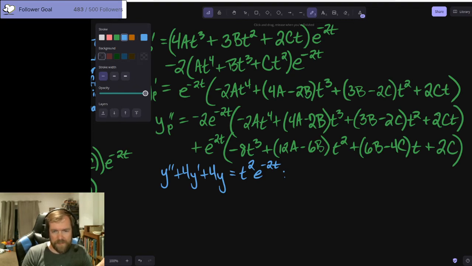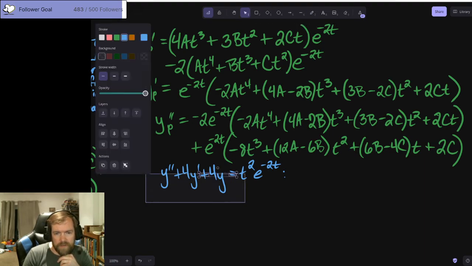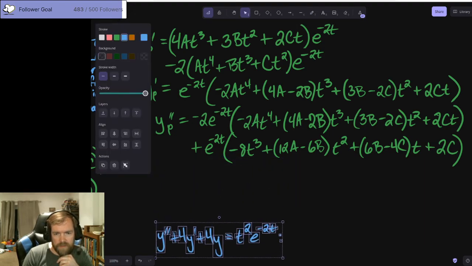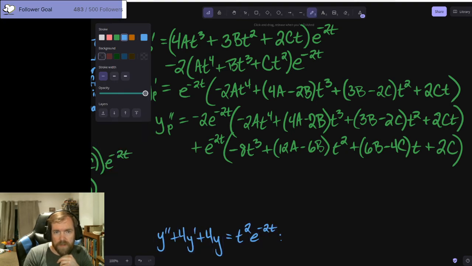So this means that we're still going to have, I should have rewritten this one more time, a positive e to the negative 2t times the quantity.